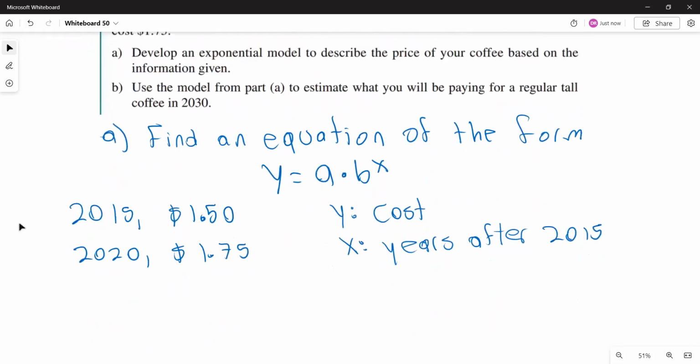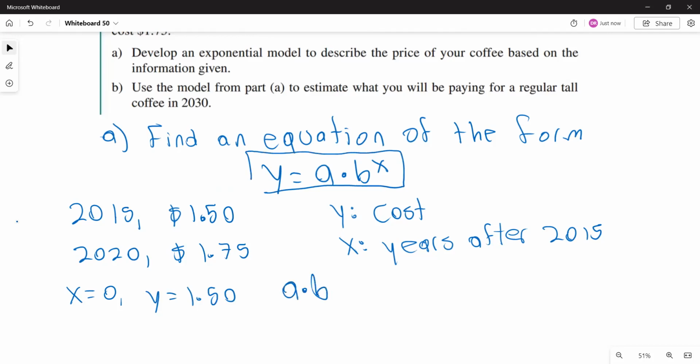When x is equal to 0, y is 1.50. So let's plug it in. a times b to the 0 power is $1.50. But any number to the 0 power is 1. So a equals 1.50. We have more information. We know that y is 1.50 times b to the x power.